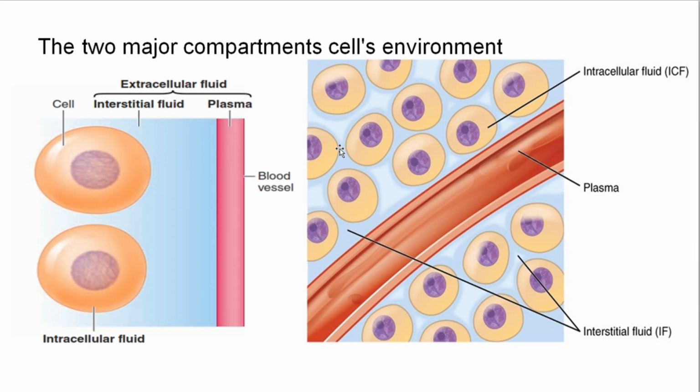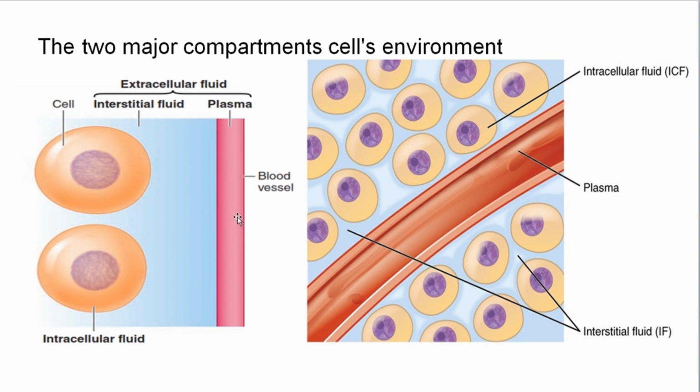Look, the two major compartments of the cell's environment. The extracellular fluid is divided into interstitial fluid and plasma. Interstitial fluid is the fluid that surrounds all other cells except blood cells. And plasma is an extracellular fluid that surrounds blood cells.